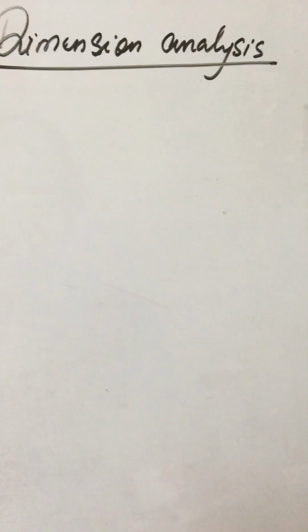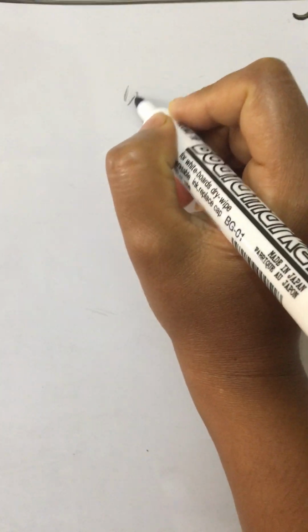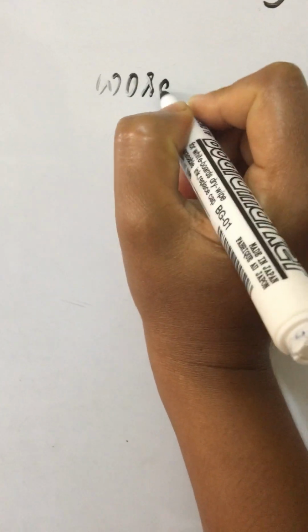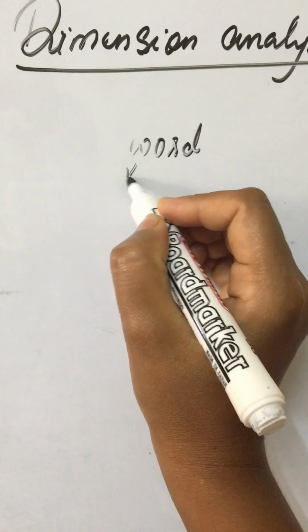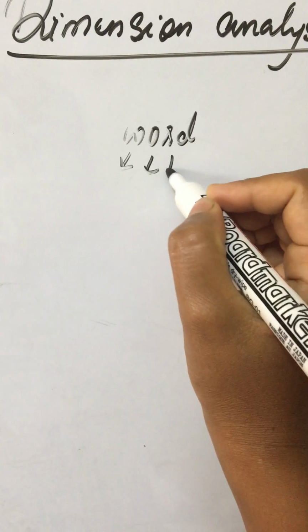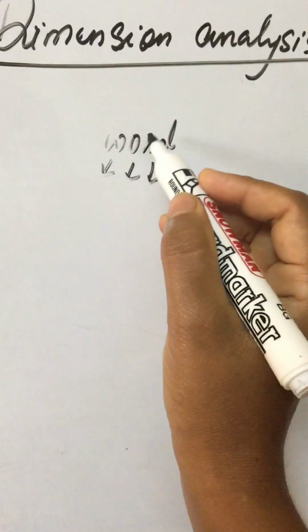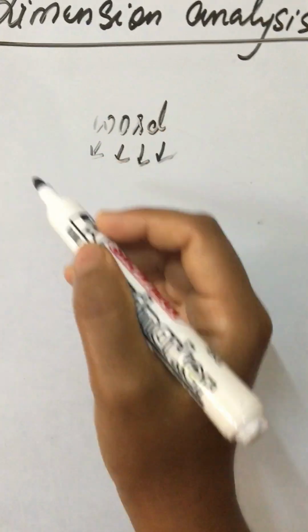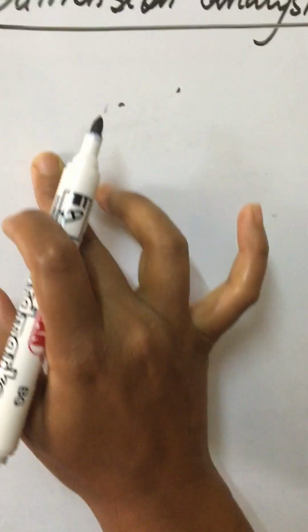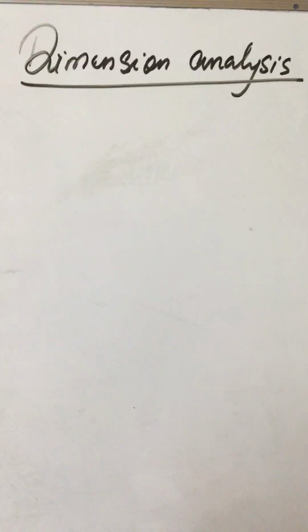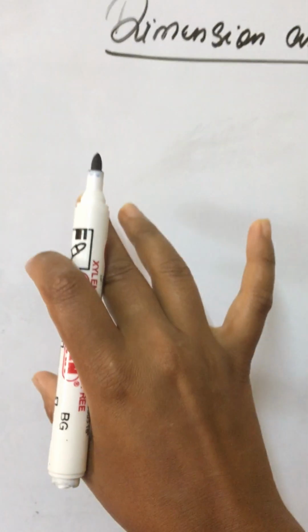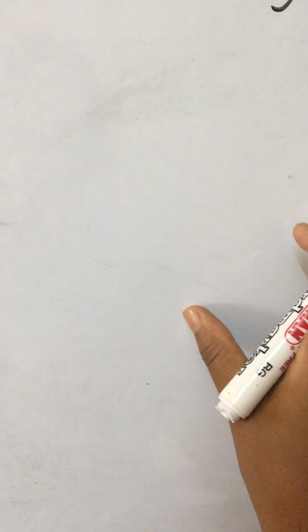So when I write a word, okay, this word is made up from the English alphabet W, O, R and D, isn't it? So the alphabets comprise this word. Similarly, in physics, any other physical quantity we talk of should be coming from the fundamentals.